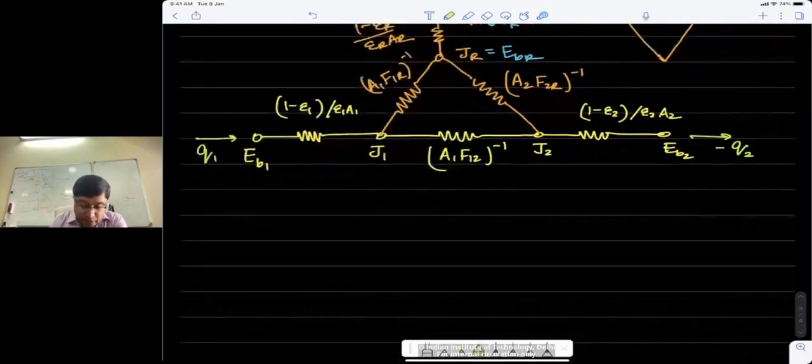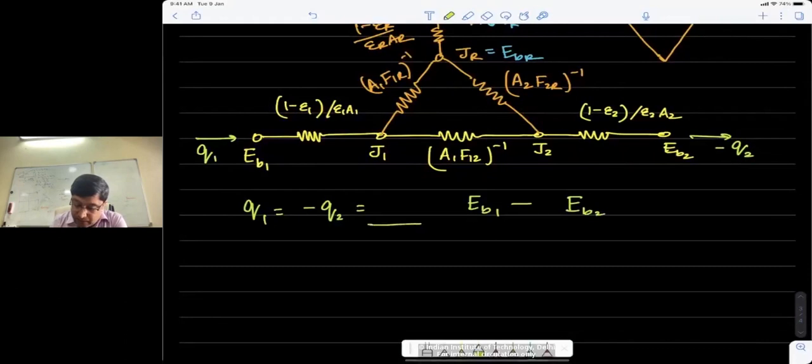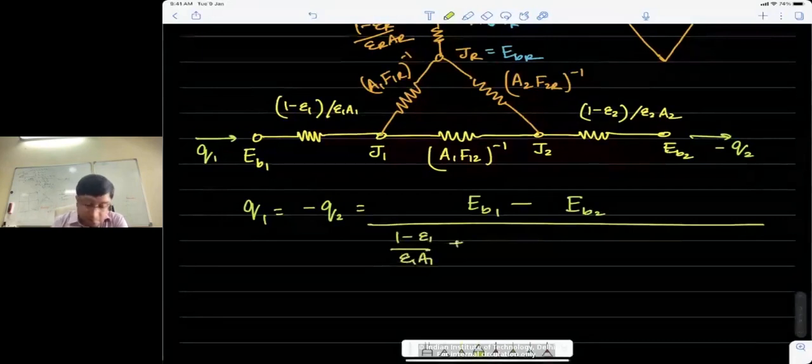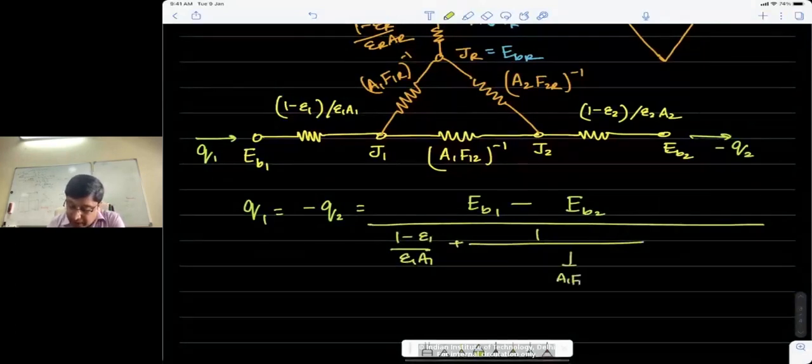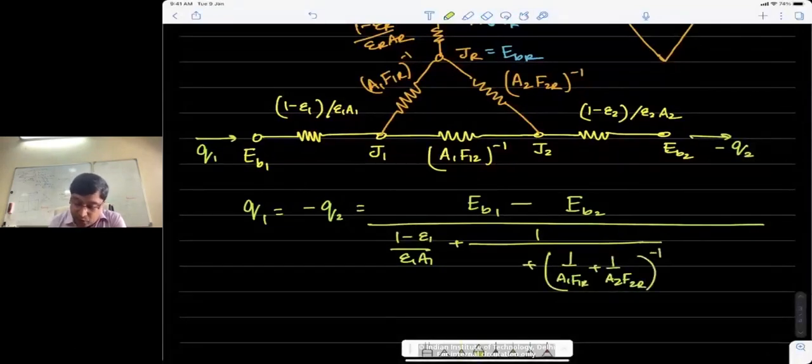So having described this, I can just quickly now write what the final answer will be. And this is just a matter of adding the resistances in series and in parallel. So this will be EB1 minus EB2 divided by (1 minus epsilon 1) by epsilon 1 A1 plus, now first of all, A1 F1R and A2 F2R will be in series, so they will have to be added, then inverted, which would mean take a reciprocal and add that in parallel to A1 F12.